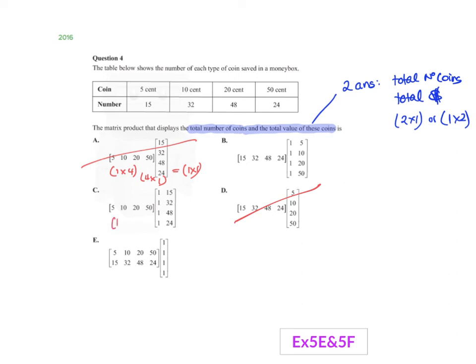So here I'm doing a 1 by 4 and a 4 by 2. This will work, won't it, in terms of multiplying? And it gives me a 1 by 2. So it might give me what I want. So what I need to do is have a quick look. These look like the value of the cents. And then what I would do is multiply, and this would be my first answer.